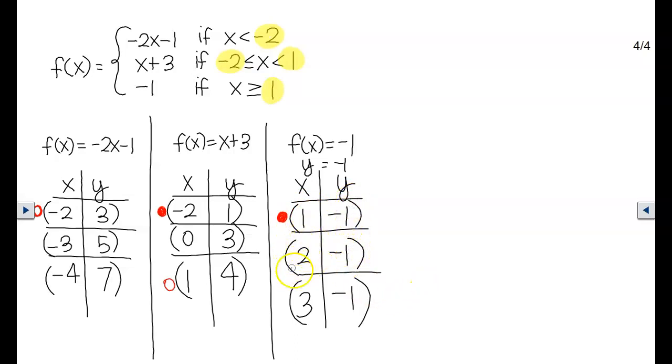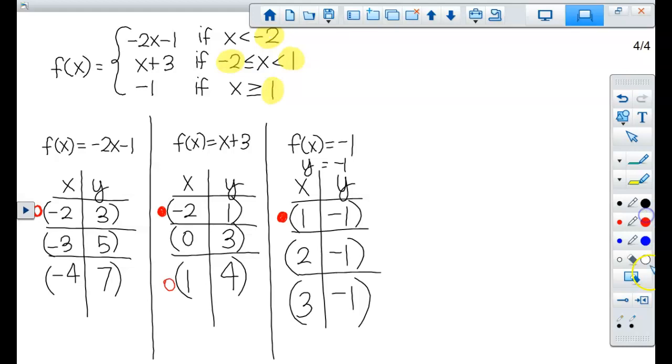When I specifically put in 2, I got back one answer. When I specifically put in 3, I got back one answer. Doesn't matter that they're all the same answer. For each specific number that I input for x, it only gave me one output for y. All right, so now we're ready to graph.